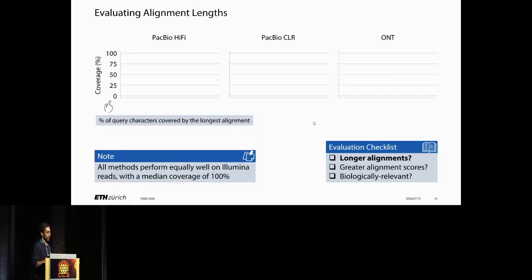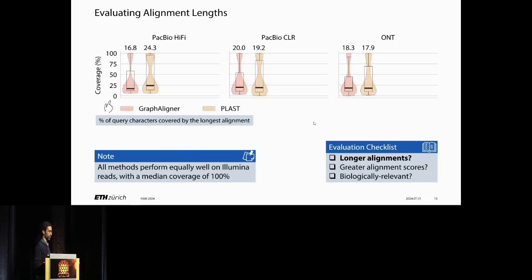So now here I'll show you some violin plots of how much of the query reads were covered by the longest alignment when we do multi-label alignment and when we compare to other tools. So the two main tools we compared against were GraphAligner and PLAST. And we see that with our simulated pangenome, we're only managing to align a small fraction of these reads.